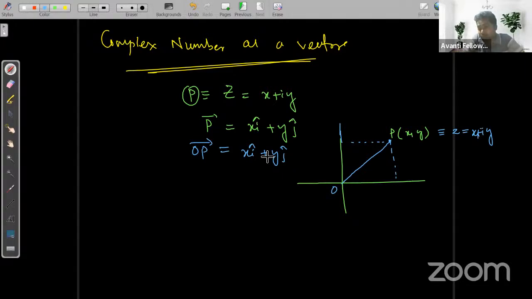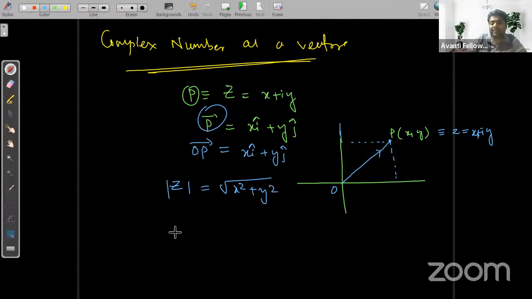How can we know this is a vector? By the definition, a vector has magnitude as well as direction. We already have the direction, that is the direction of the point P from the point O. What is the magnitude? If z is equal to x plus iy, then the modulus of z is under root of x square plus y square.